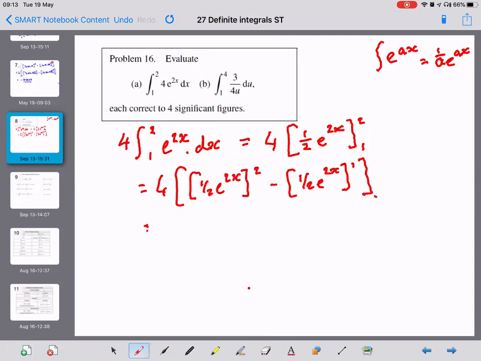Yeah, that's 4 times half e to the 2 times 2, minus half e to the 2 times 1.